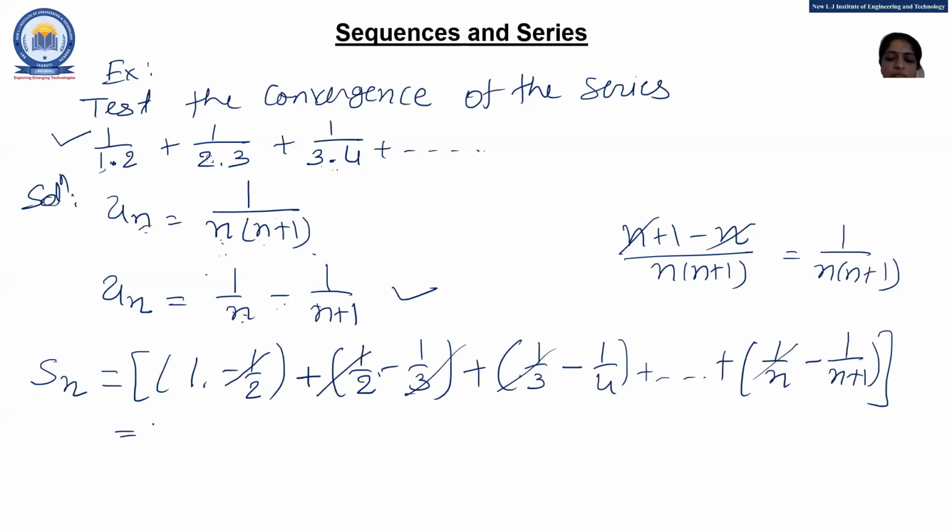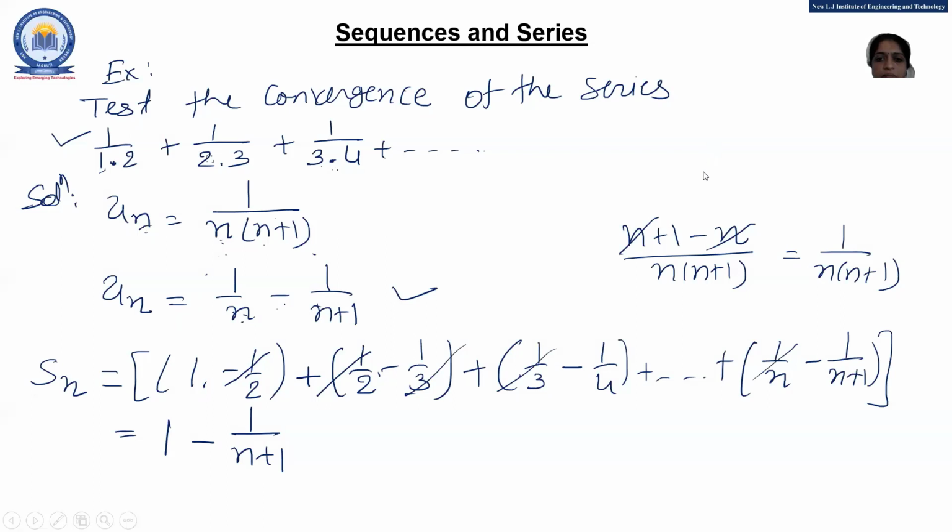So what is the remaining term? The remaining term is 1 upon 1 minus 1 upon n plus 1. So if we can represent any series like this, where we cancel out the previous term with the following term, most of the terms will be cancelled out, then that type of series is known as a telescopic series.